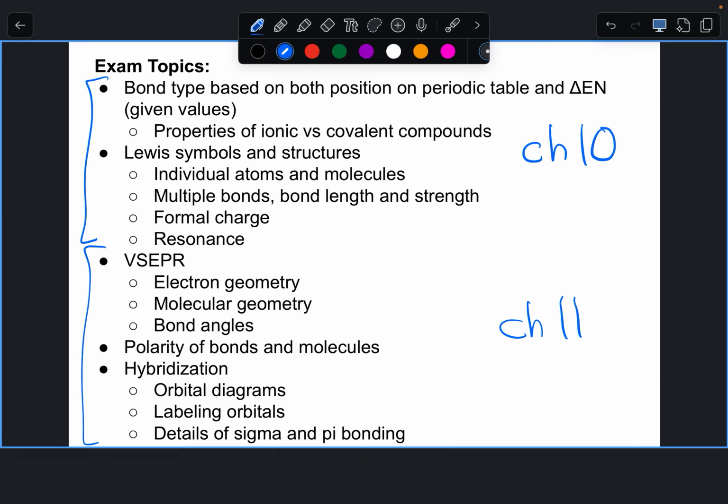Okay, so what I want to do is a quick discussion about formal charge, and then we'll do an example, and I'll make sure to do resonance. There was a question about how much we need to know about dipole moments and electronegativity differences. That same question came up in my other class as well.